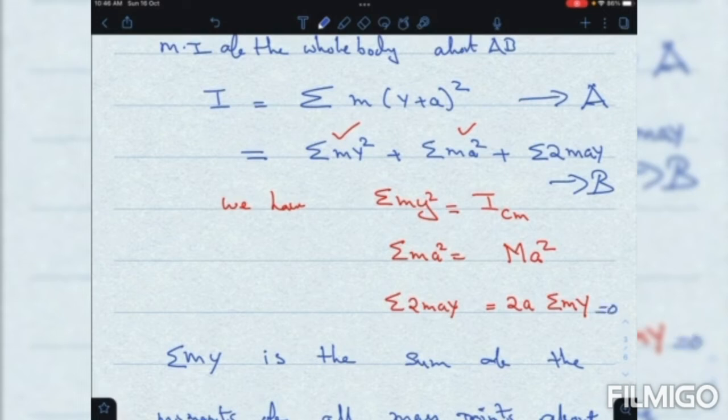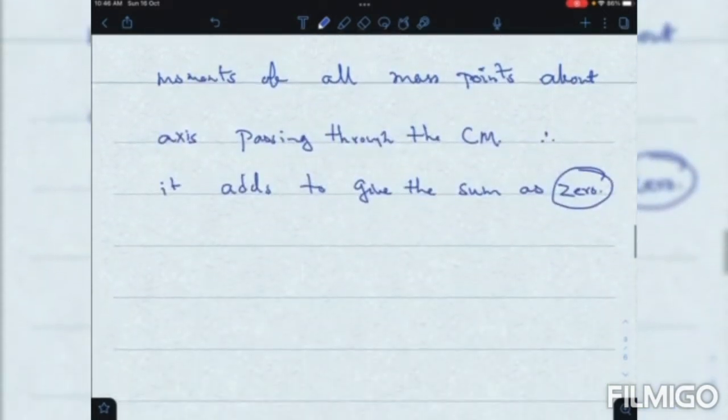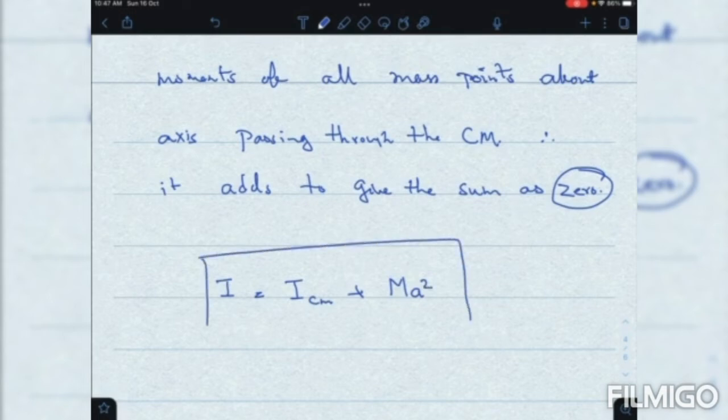So now equation B can be written as I is equal to I_CM plus M a square. Okay. So this is what the parallel axis theorem states. So please do study this. It's quite important to know the proof also, and it's quite easy also.